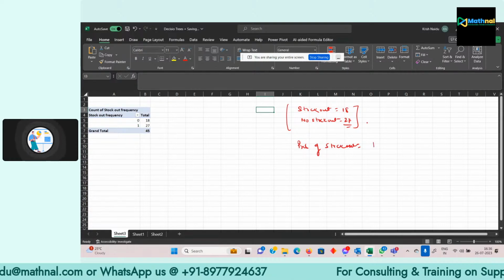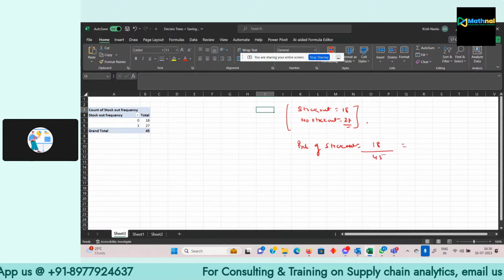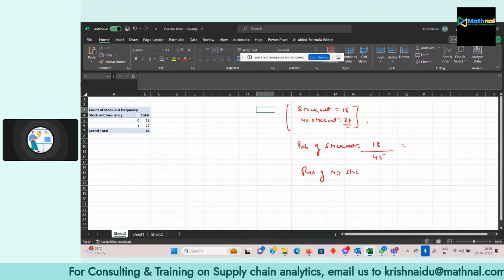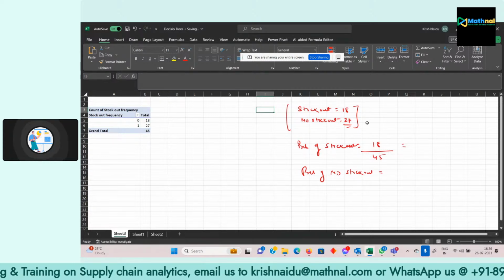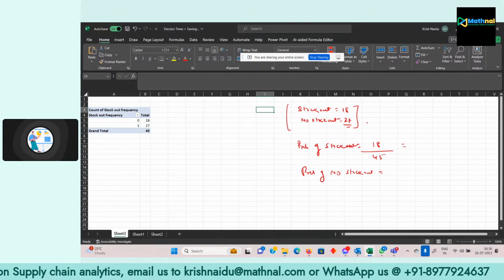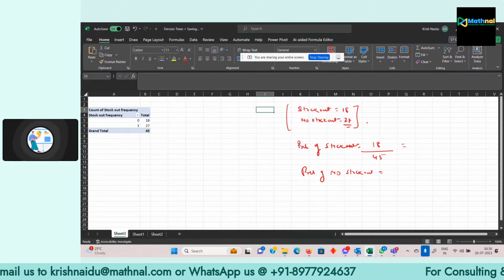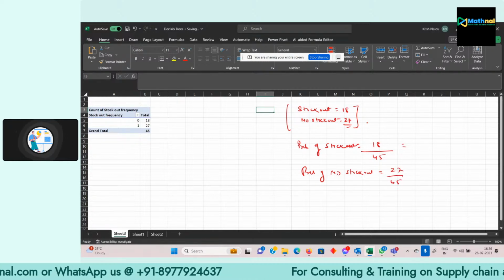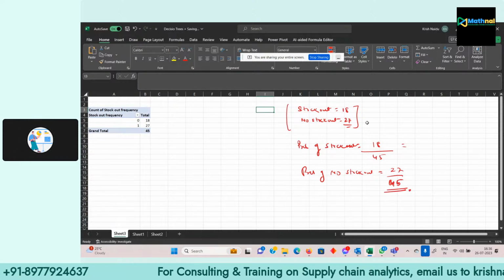Probability of stockout is 18 by 45. To understand these formulas and everything, you have to go to our first session, which we conducted on Monday. I have explained it there, and if you want the link, I will share it also. So what is the probability of no stockout? It is 27 by 45, right?